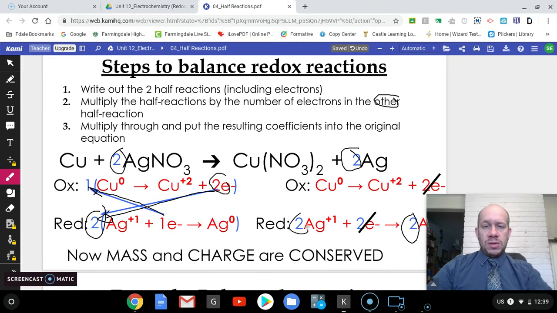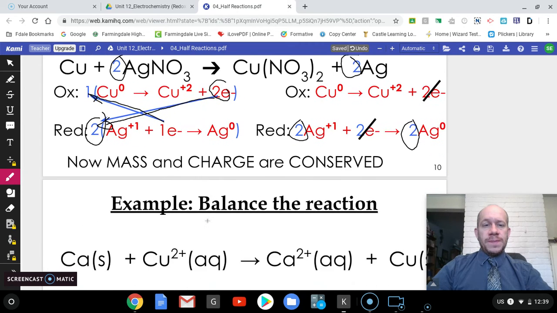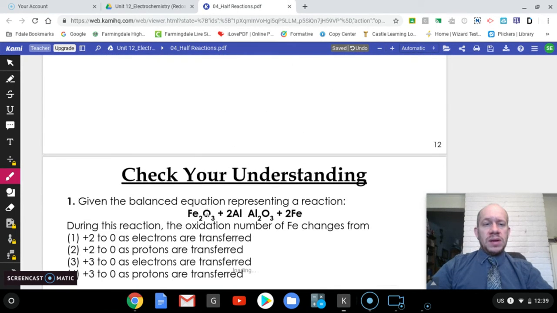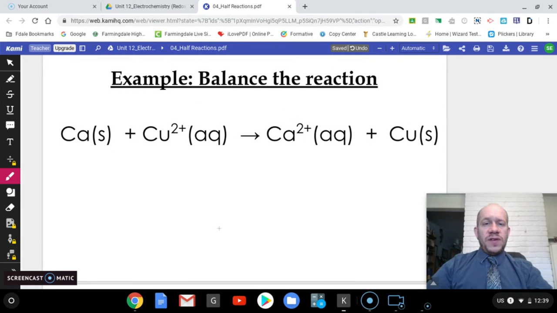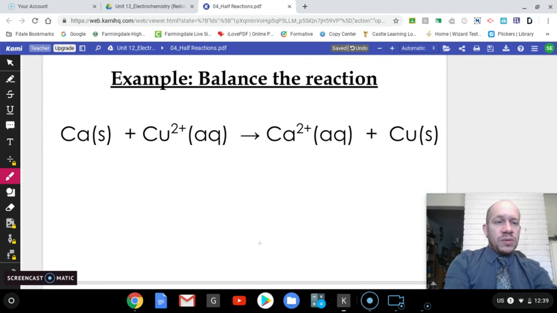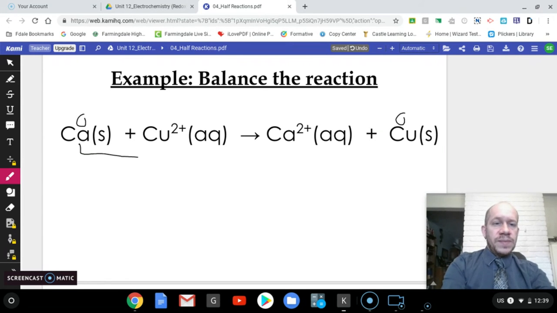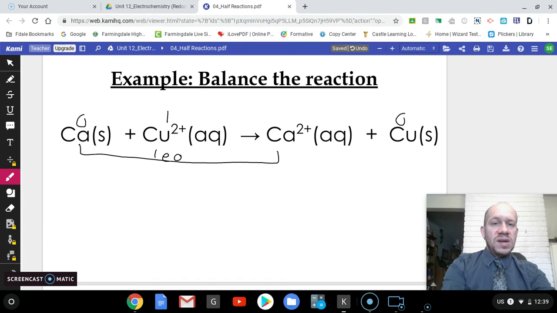All right, now the mass and charge are conserved. So for example, 2 examples. First, assign oxidation numbers. So calcium is 0, copper is +2, calcium is +2, and copper is 0. Because calcium is losing electrons, it's my LEO, it's my oxidation. And because copper is gaining electrons, it's my GER, it's reducing.